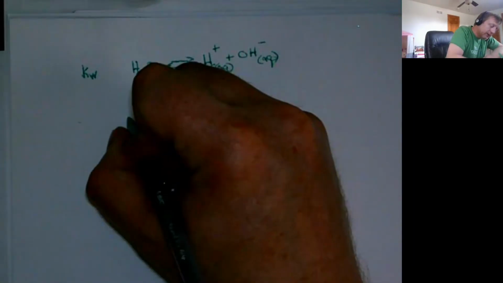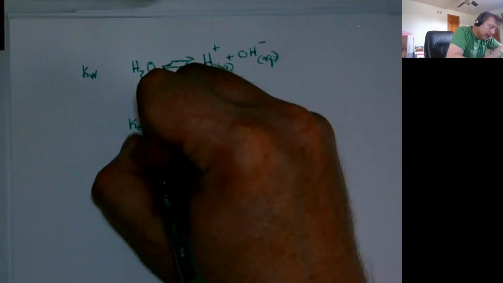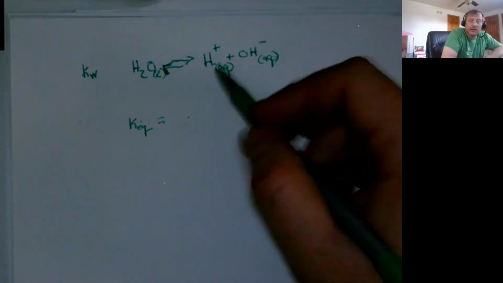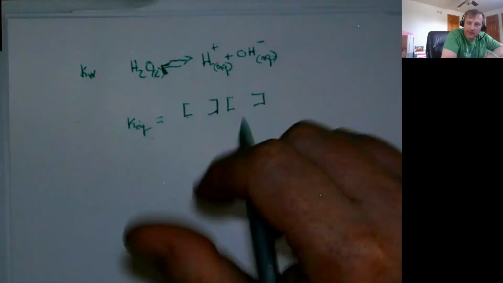So if we wanted to write a general equilibrium expression, any general KEQ is going to be the concentration of the products over the concentration of the reactants.